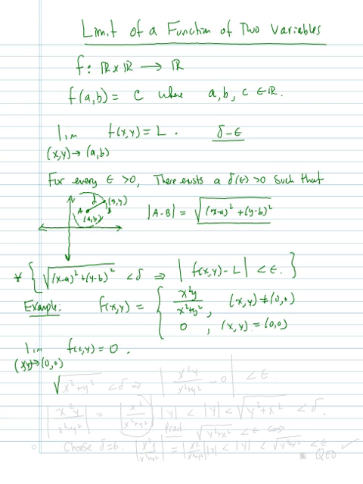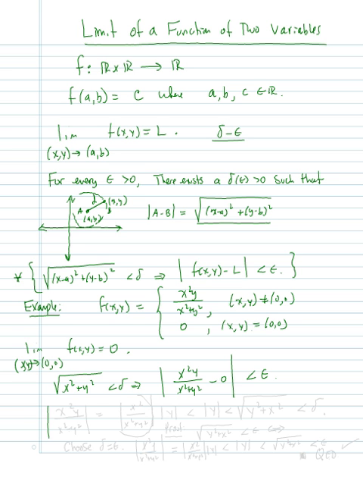We have to show that the square root of x squared plus y squared less than delta implies that the absolute value of x squared y over x squared plus y squared minus 0, which is the limiting value that we believe this function converges on, is less than epsilon. As usual with delta epsilon proofs, we have to begin with the end in mind. So we have to show that this results in this as a consequence.